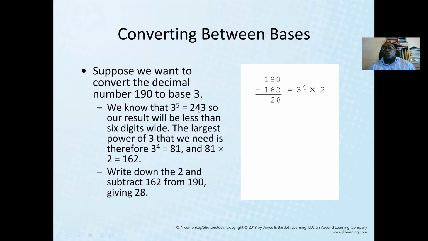No, I need the highest value that will give me 190 or less, but not more than 190. So that will be 3 to the power 4, which is 162. This is the subtraction difference. Now, if I'm doing division remainder, I will divide 190 by 3.